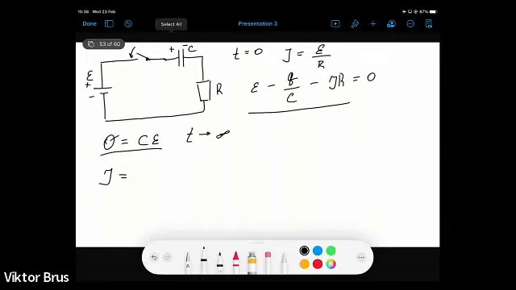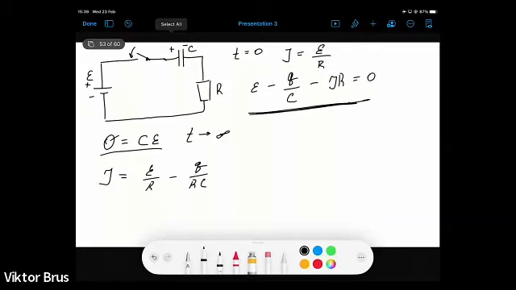it actually comes from this equation, which we wrote based on the loop rule. So if we rearrange it and express electric current, it will be epsilon divided by R minus Q divided by R times C. So that is the expression for electric current, but it doesn't tell us the time dependence of this current.